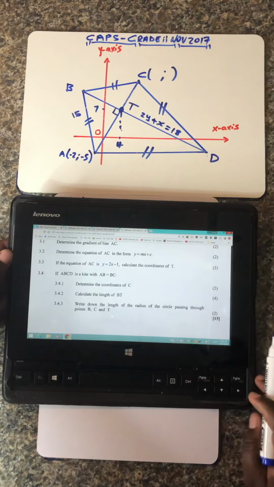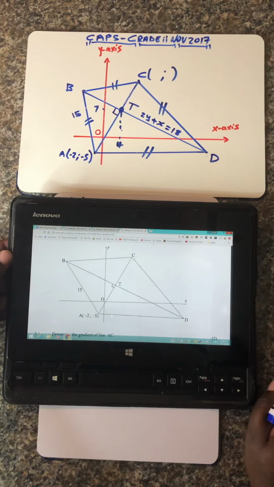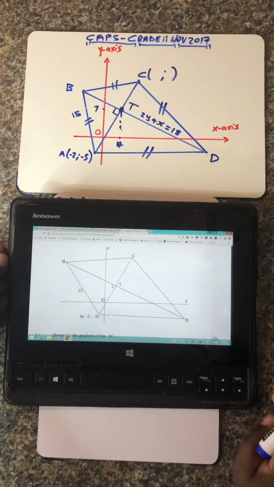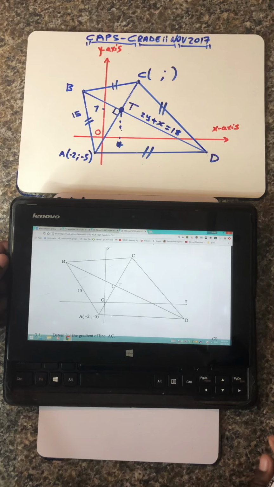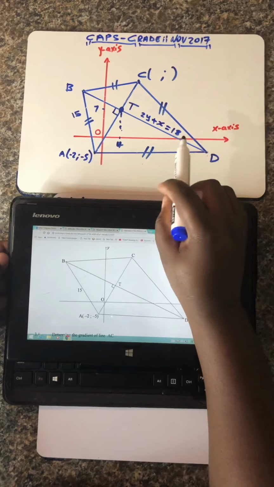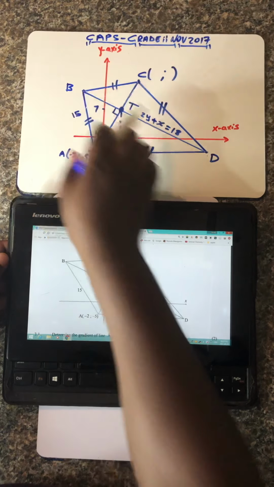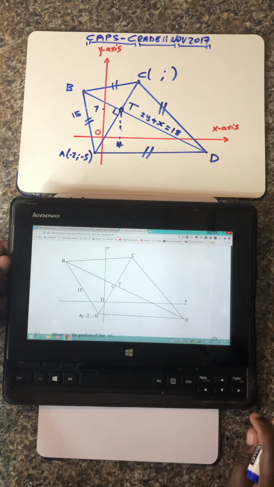As you can see the shape of a kite there. Mine is not drawn to scale, so I was just explaining based on the graph that I've drawn in terms of the distance between B and D with reference to the point of intersection.